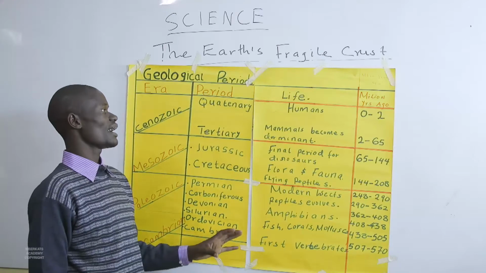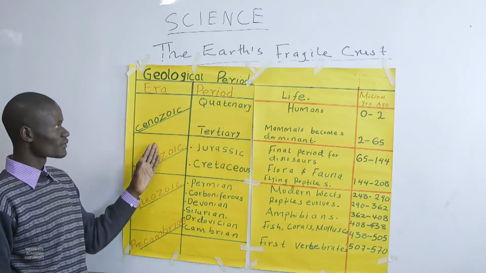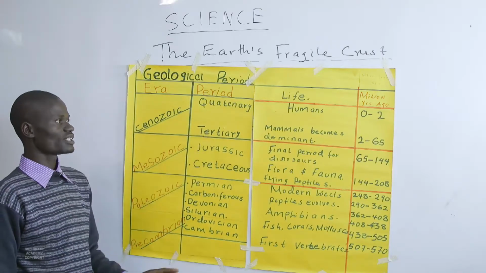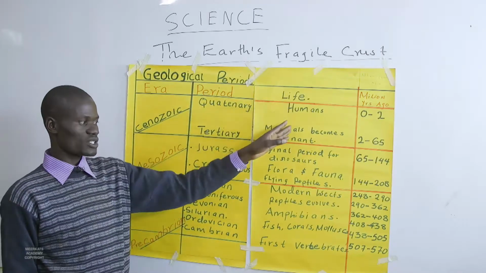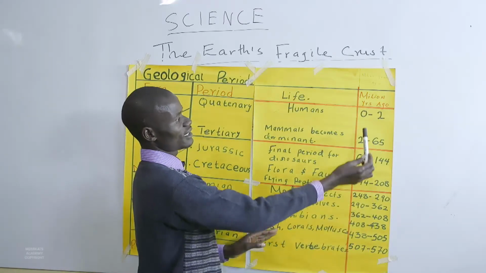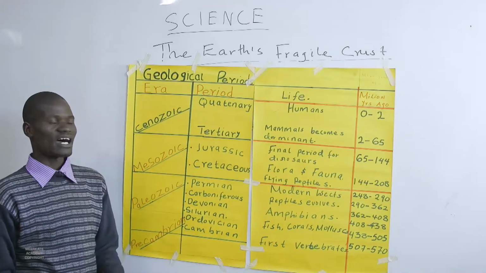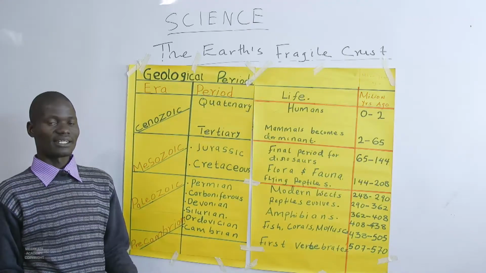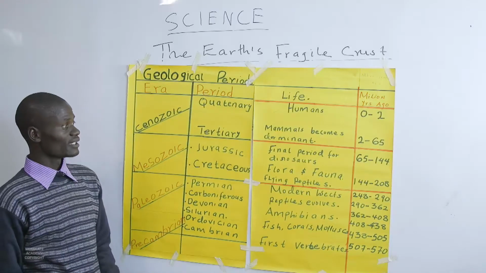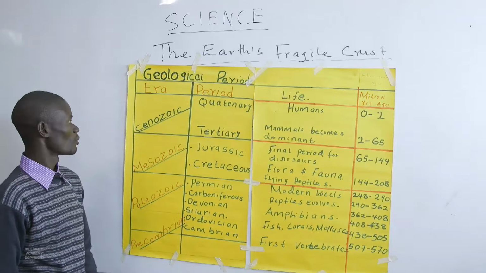Basically, there are periods that have been categorized in eras, and then the kind of life that was existing there. And when we look at this far end, it is the million years that part of life has been in existence. Therefore, historically, this is what makes what we call the geological period.